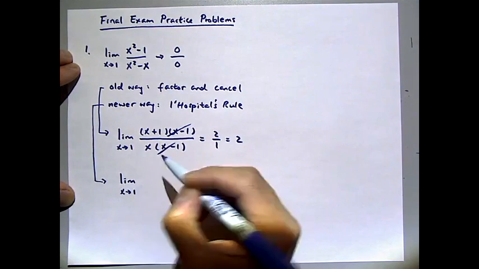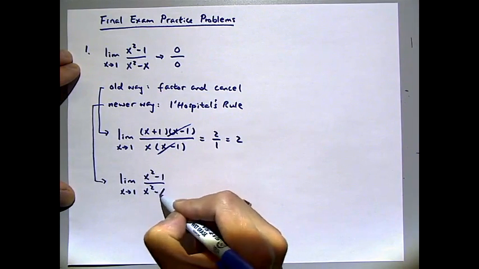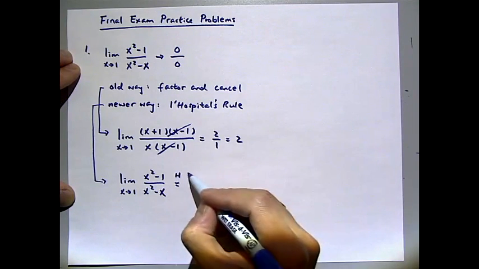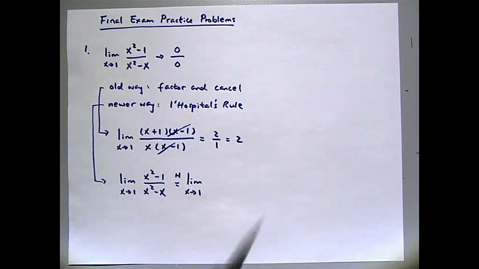The other choice is L'Hopital's rule. We take the derivative of the top and the bottom separately, and then let x go to whatever number it wants to go to.